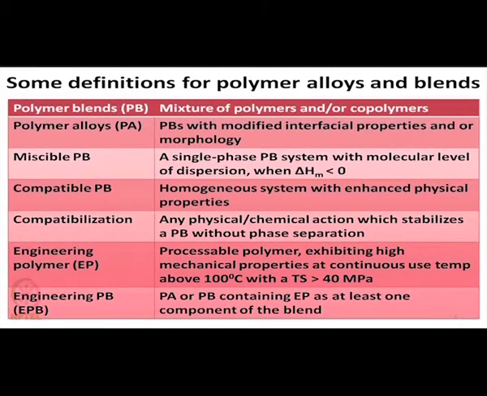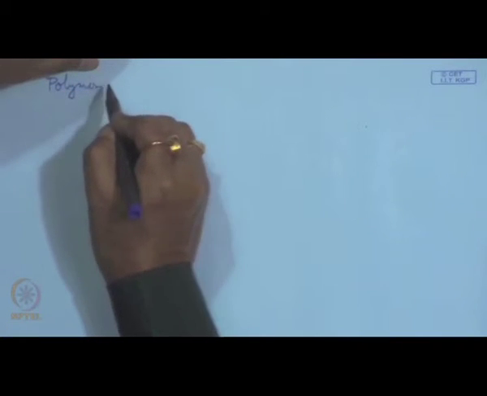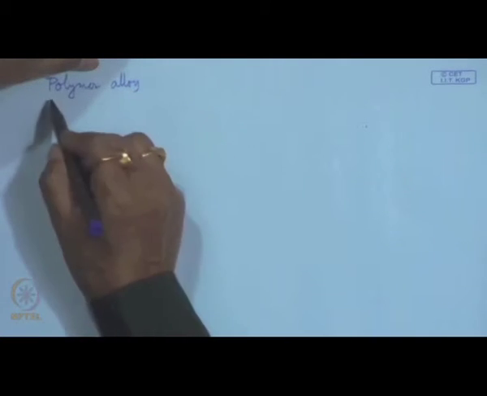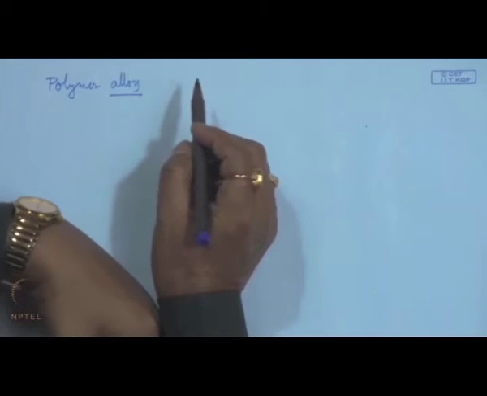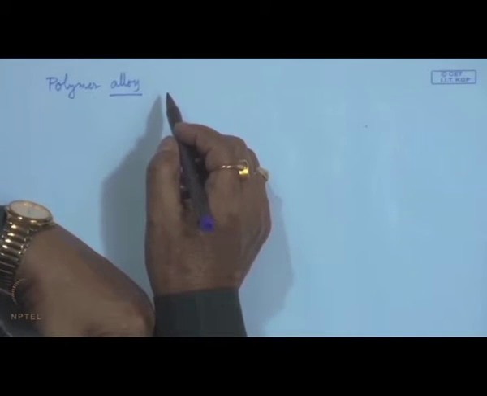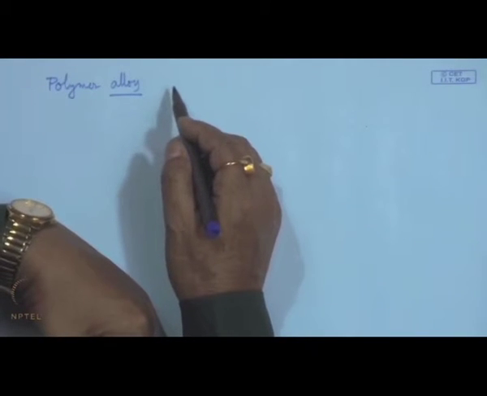Before going to discuss the details of these multi-component polymeric systems, we must look at the definitions of some terminologies. Sometimes we hear the term polymer alloy. Now, this terminology alloy is used in the case of metal alloys, which means a solid solution of one metal in another metal.